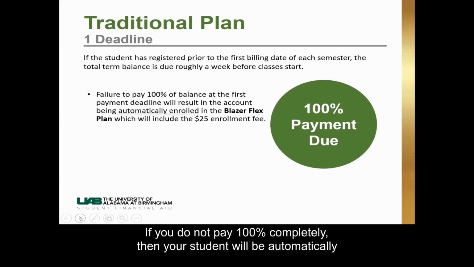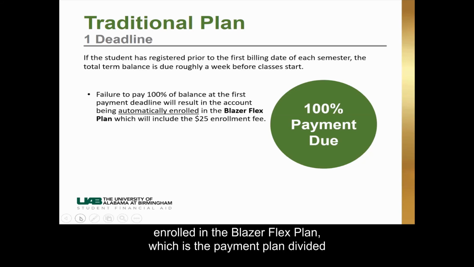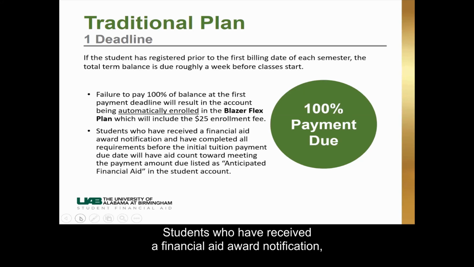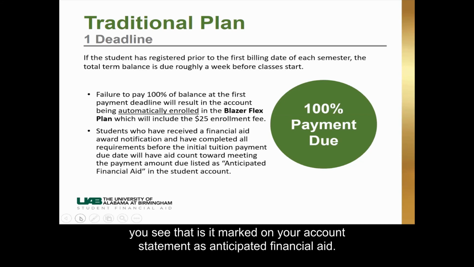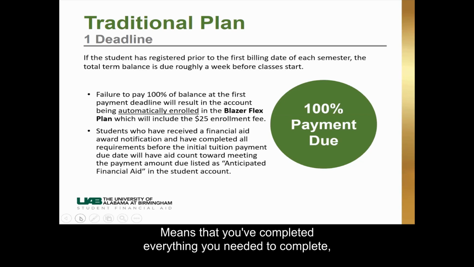If you do not pay 100% completely, then your student will automatically be enrolled in the Blazer Flex plan, which is the payment plan divided over 3 different dates throughout the semester as well. If students have received a financial aid award notification, meaning that you've completed all the requirements and you see that it is marked on your account balance, or your statement, excuse me, as anticipated financial aid, it means that you've completed everything you need to complete.